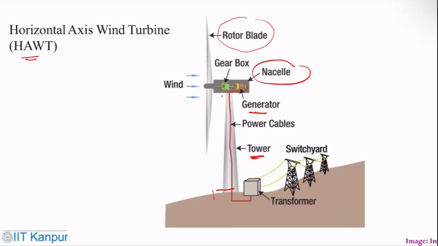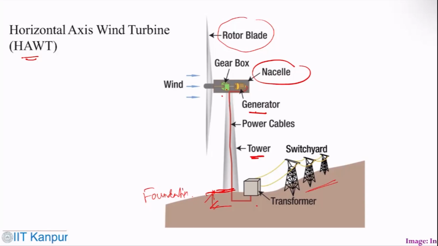You have a gearbox to hold the rotor and the blades. Your power cable goes to the tower, connected to the transformer. You have the foundation here, and that is connected with the switchyard and all these things too.